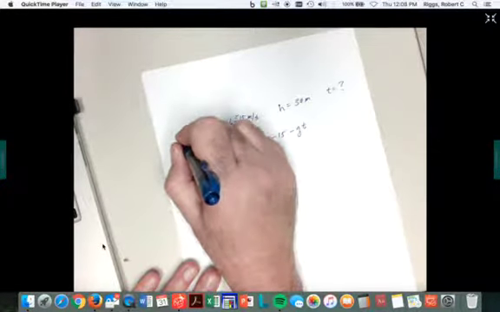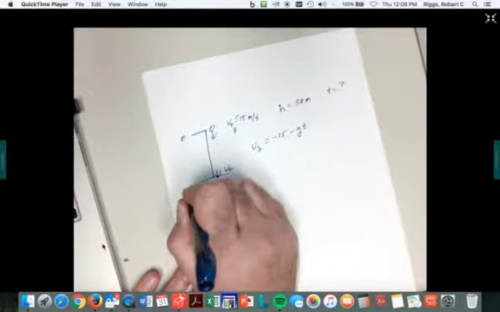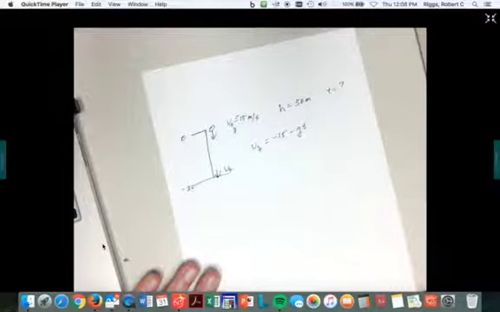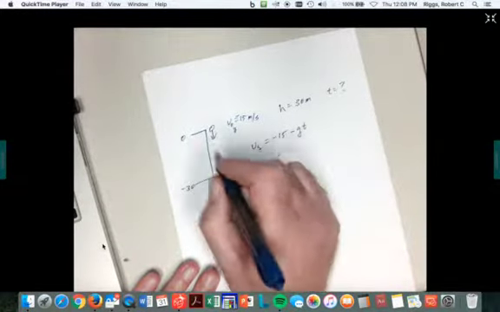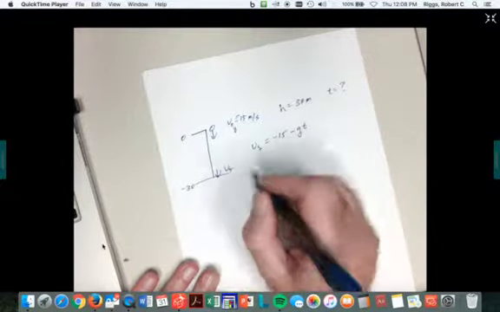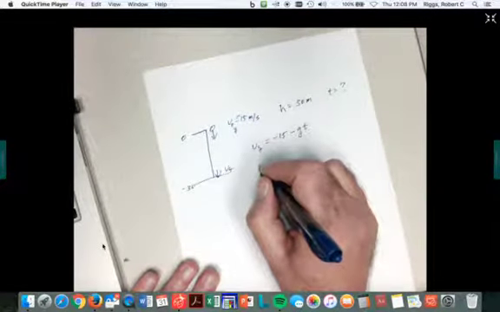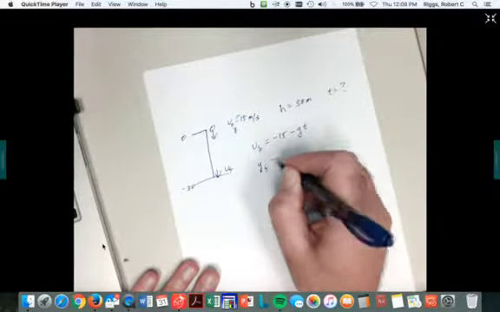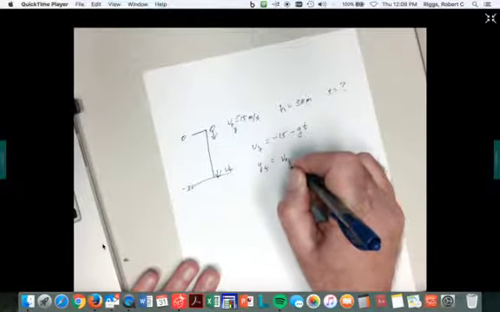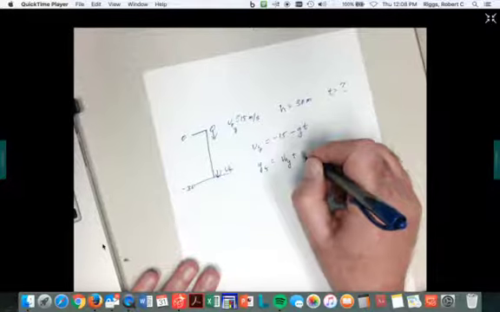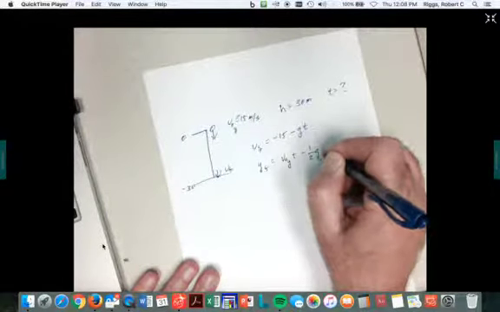If we set the starting height equal to 0, then the final position would be negative 30. So y final is equal to v naught y times t minus 1/2 gt squared.